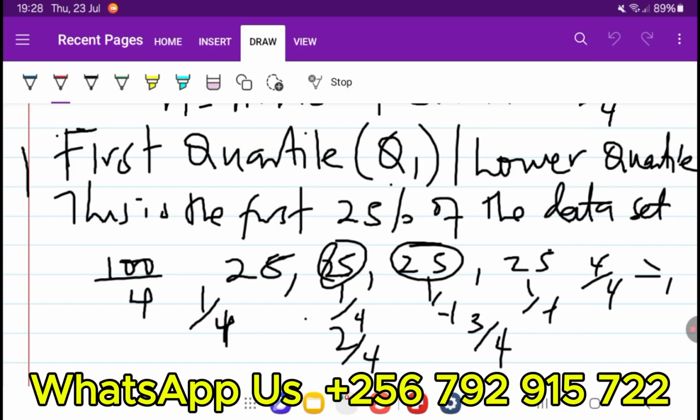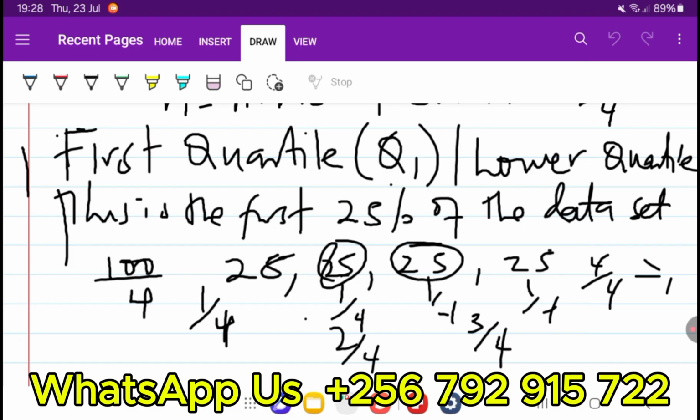Since this is a positional item, the data is just going to help us locate the values. But if we are dealing with an ungrouped data set, we know that it is very easy.